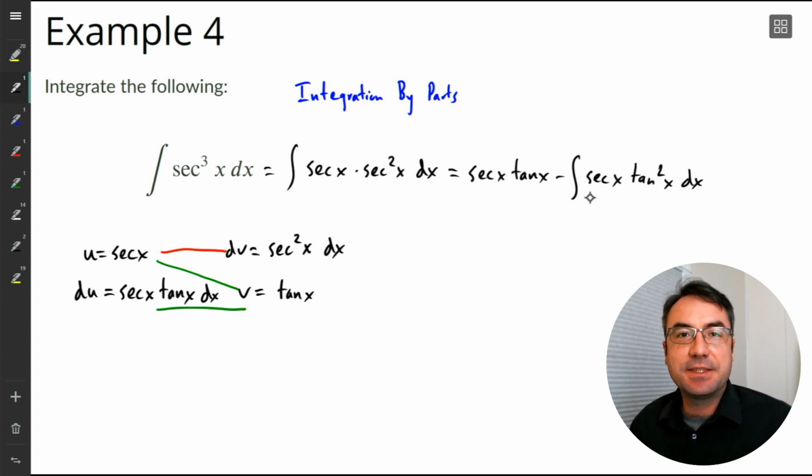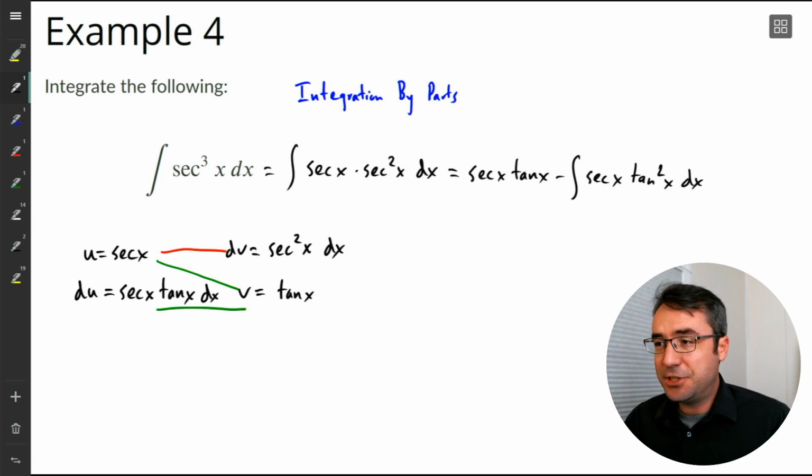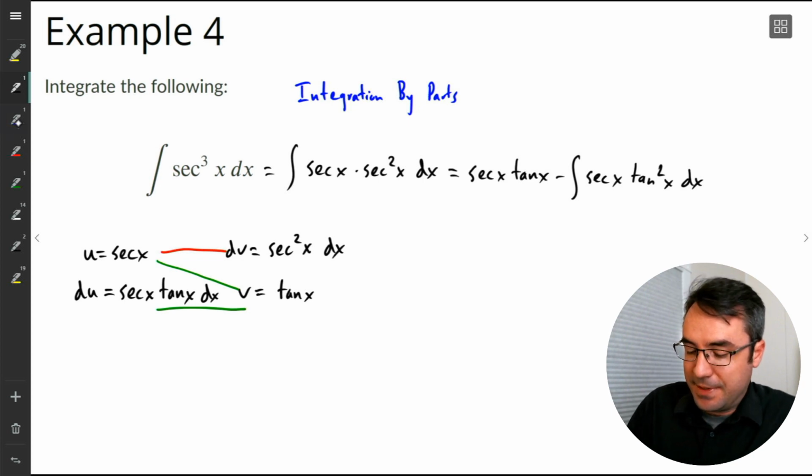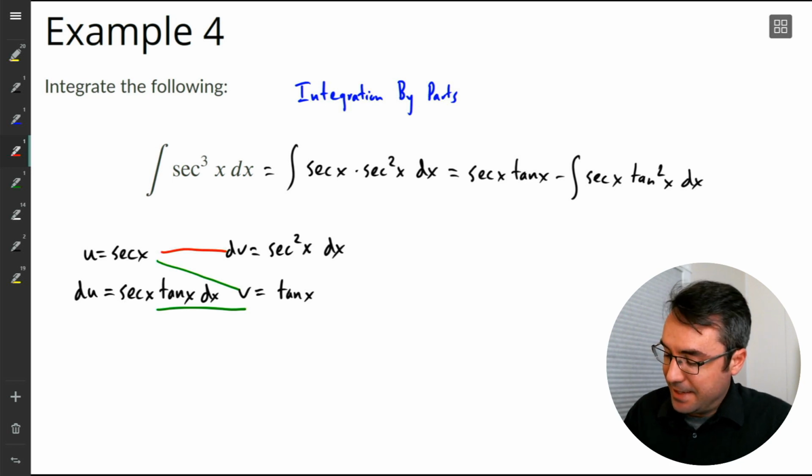Then we have minus this integral of secant times tangent squared. And we have to do something with this remaining integral. The issue is it's a power of secant and tan. It doesn't have an even power.